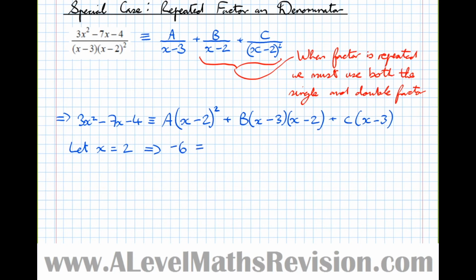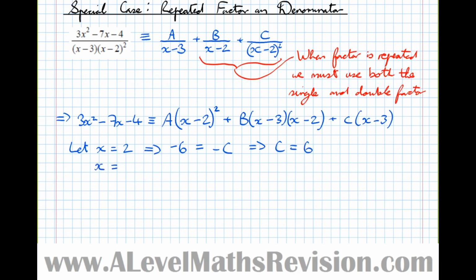And on the right hand side, now that x equals 2, anything with an x minus 2 bracket disappears to give c times, and 2 minus 3 is minus 1, which means that c equals 6.